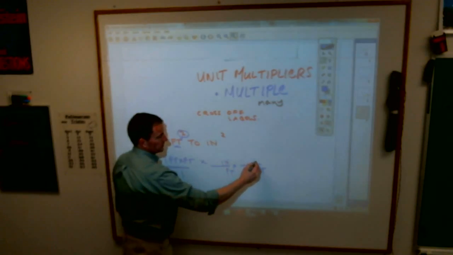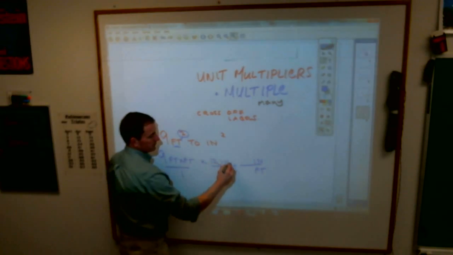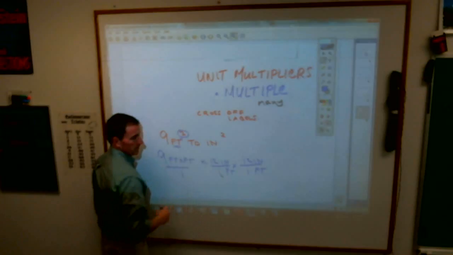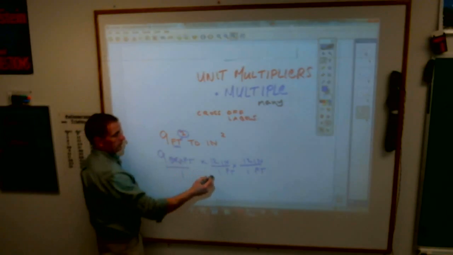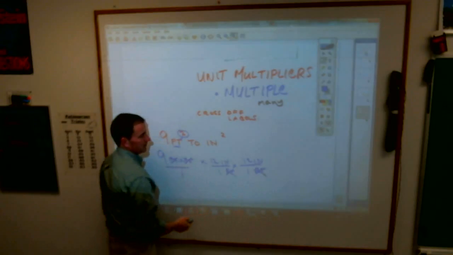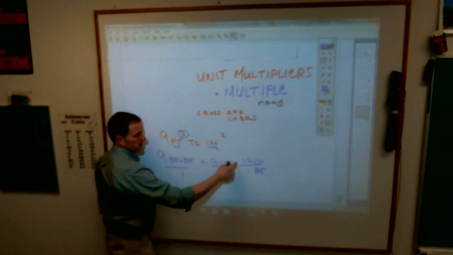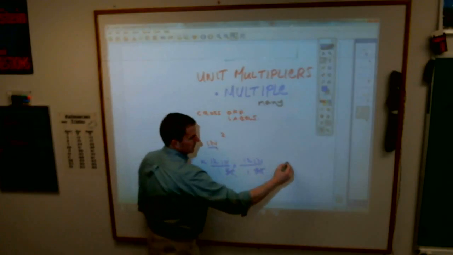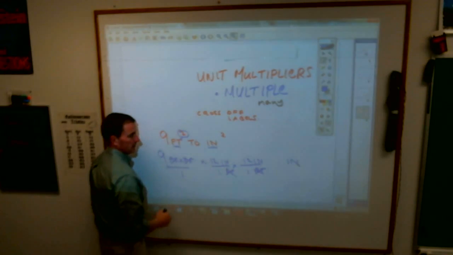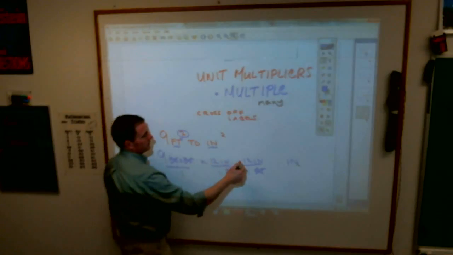And I know I'm changing it into inches, and I know there's 12 inches in a foot. So then, boom, 1 foot crosses off with that foot, second foot, and that's why in my answer I am going to get inches squared, because I have 2 labels of inches. And then I have to multiply 9 times 12 times 12.